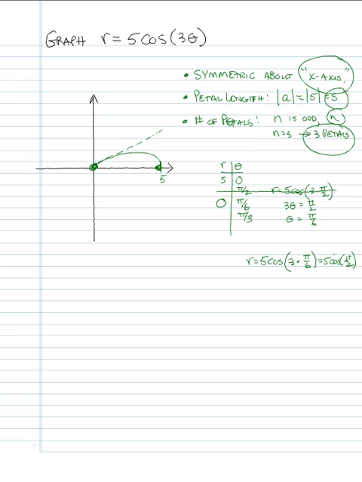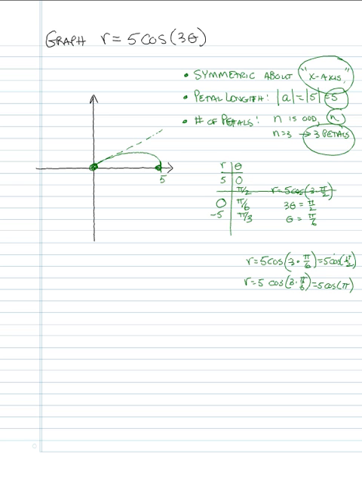When theta is pi over 3, 3 times theta is just pi. So in this case, we would actually have R is equal to 5 times the cosine of 3 times pi over 3. That'd be 5 times the cosine of pi. Since the cosine of pi is -1, R is 5 times -1 or -5. So here's what that tells us.